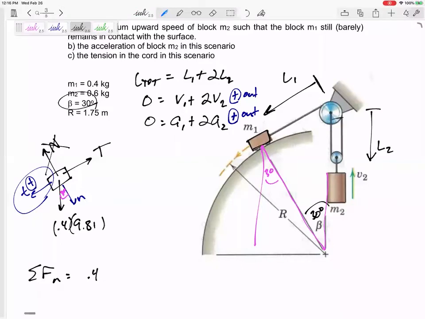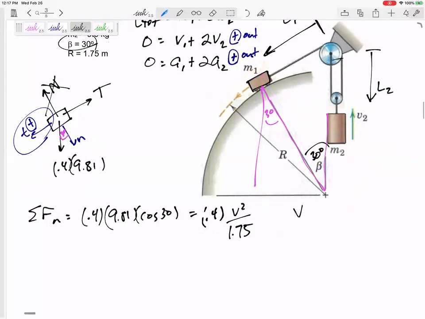So summing the forces in the normal direction, 0.4 times 9.81 times cosine 30 is the only force in the normal direction, and that equals mass times A normal. And what is A normal? V squared over R, at R equal to 1.75. One equation, one unknown, let's solve.